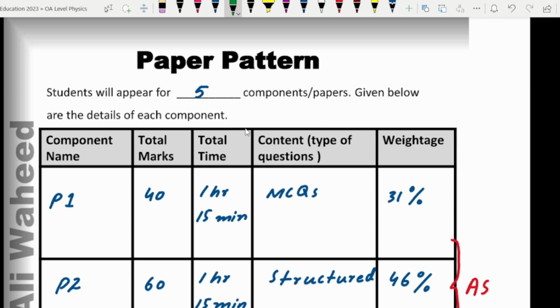You would hardly get 7 to 8 months in which you have to complete the syllabus. So now is the time to start off with the topics, and with each and every topic you have to solve paper 1 questions.